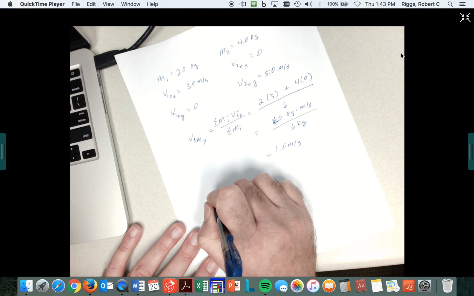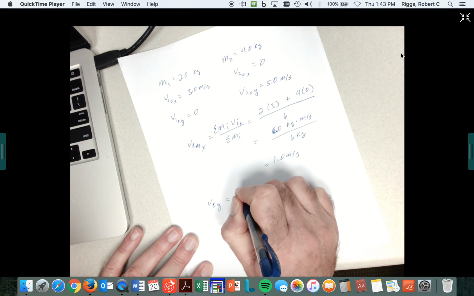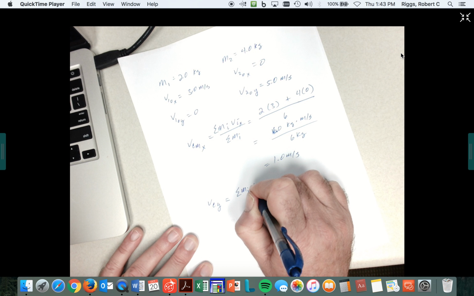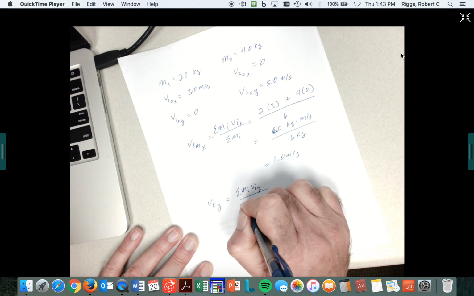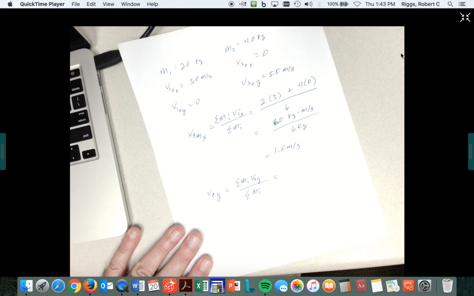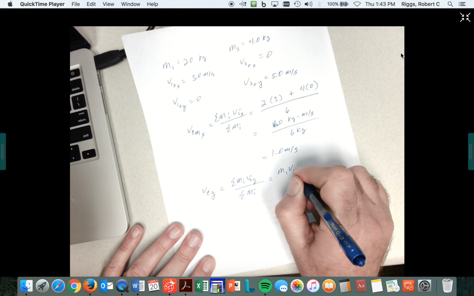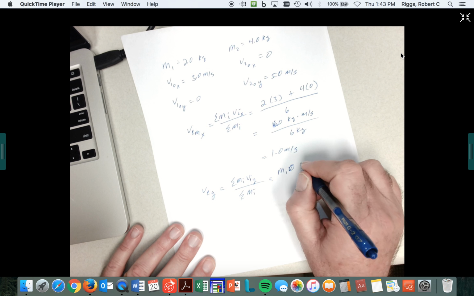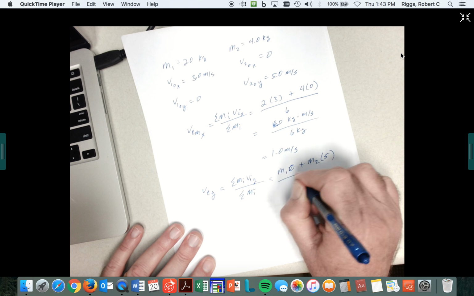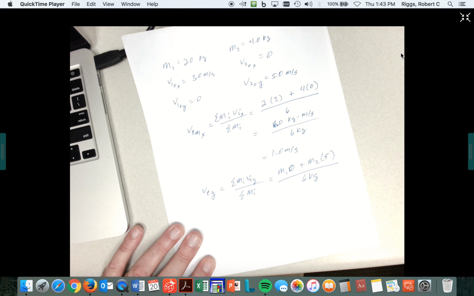And then the velocity of the center of mass in the y direction, same thing. Sum of the masses times the velocities in the y direction divided by the sum of the masses. All right, so m1 v naught in the y direction is 0, plus m2 times 5, divided by 6 kilograms again because the masses did not change.